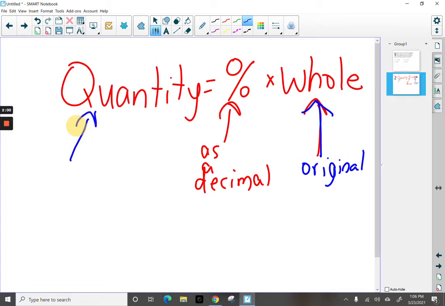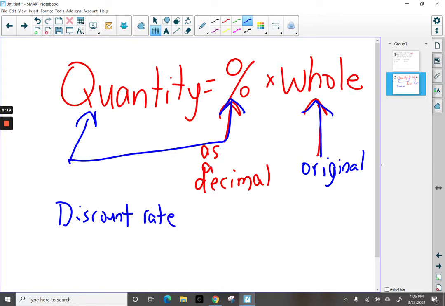Now, very important that these two, the quantity and my percent, are referring to the same thing. So if my percent here is my percent of discount, or my discount rate, then that means my quantity is going to represent the amount of discount.